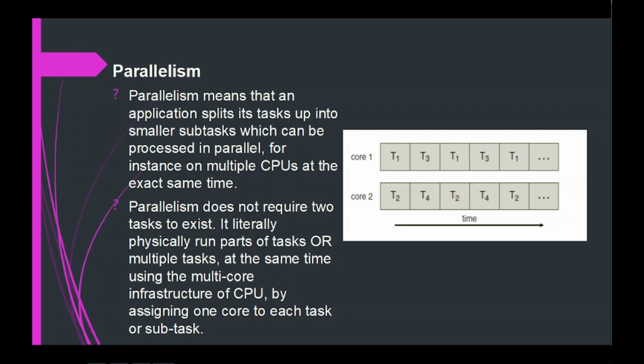Then if another task is implemented, it goes to core 1, and again the new task goes to core 2, and so on. So parallelism does not require two tasks to exist. It physically runs parts of tasks or multiple tasks at the same time using a multi-core CPU infrastructure, assigning one core to each task or subtask.